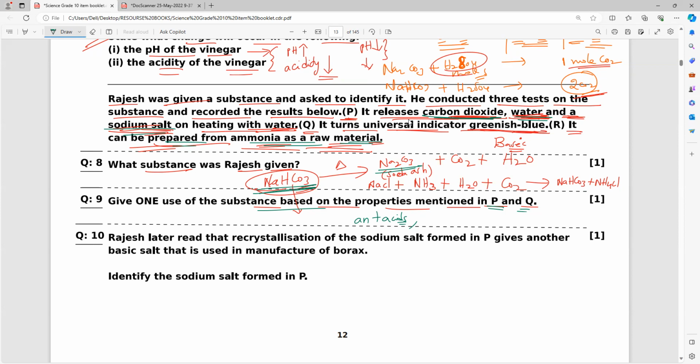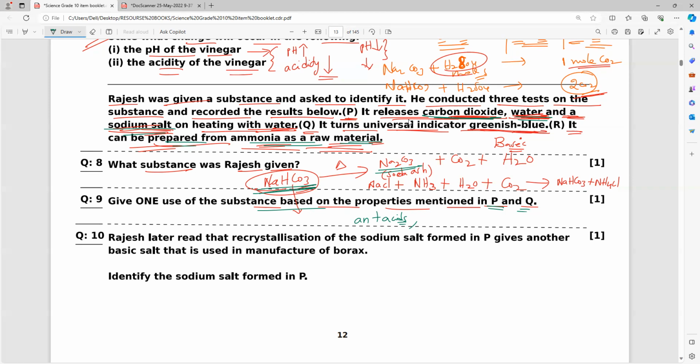Yes or no? Next, pH causes tooth decay. Alkaline toothpaste manufacturing also uses bases only. So that is what you have to remember.